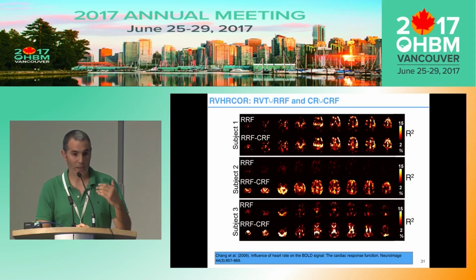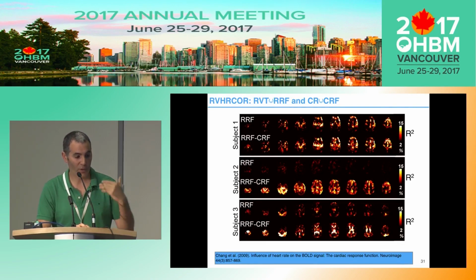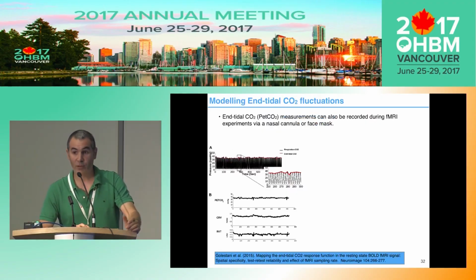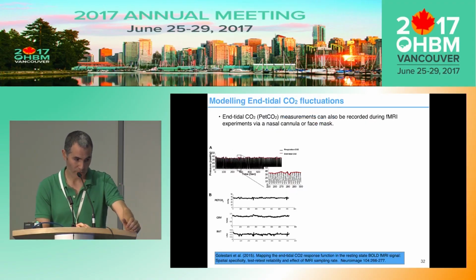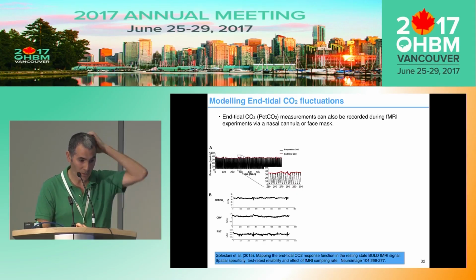So actually you can convolve this respiratory volume time series with the respiration response function and the cardiac rate time series with the cardiac response function in order to account for more variability in your data by just using two regressors. You can extend that approach if you actually want to model end-tidal CO2 fluctuations.